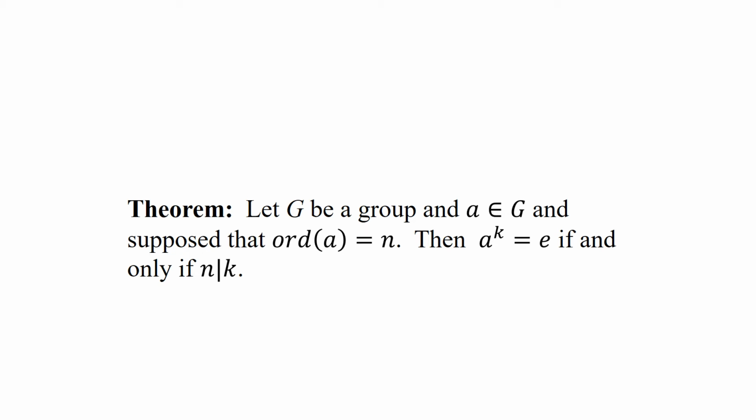The converse is true as well. The proof here relied on the division algorithm and the definition of order. It's really the same proof that we did before. The proof didn't depend on any properties of the symmetric group. So try it yourself, and when you're ready, come back to the video.